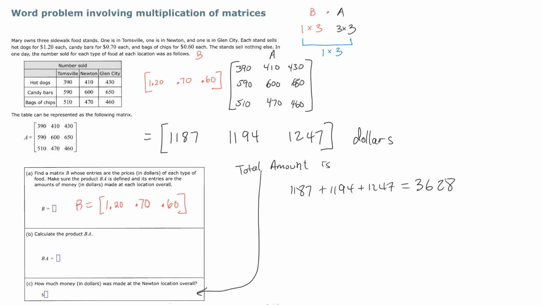And of course, that is in dollars. Once again, just make sure you actually write the units on your own paper before you type in any answers. I guess I could circle all the final answers. And there you go. Matrix multiplication could actually move data and make sense of it rather quickly.